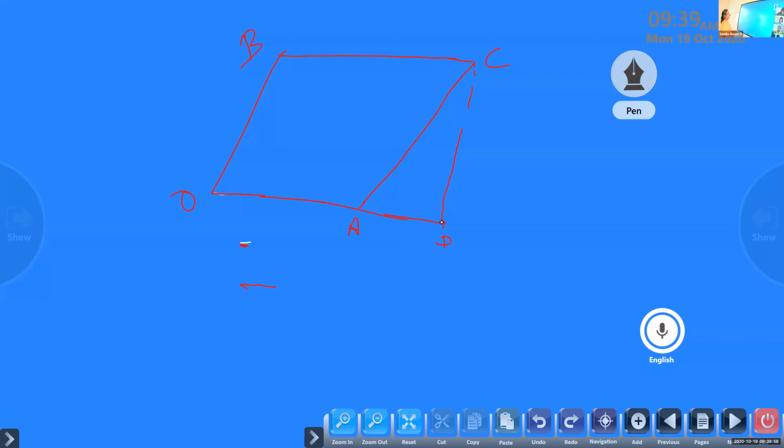Okay. So O, B, C, A, D. And this side we represent vector Q, and this side we represent vector P. These are the two vectors on adjacent sides of the parallelogram.